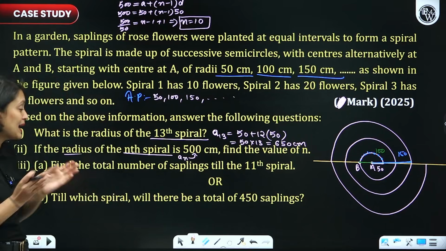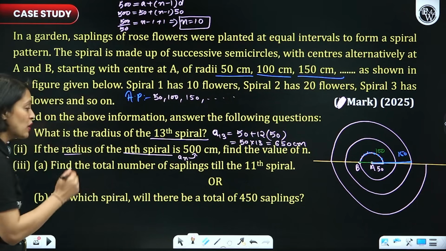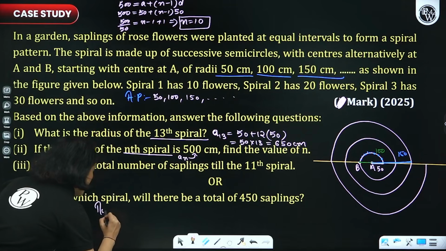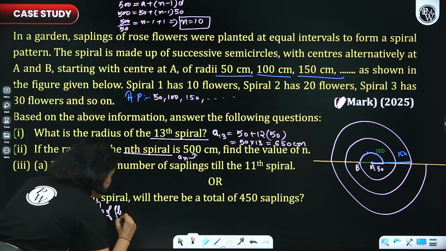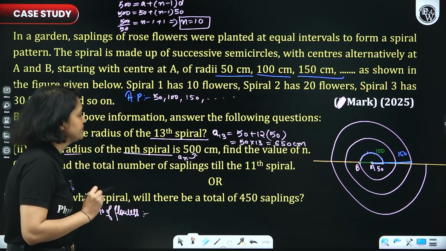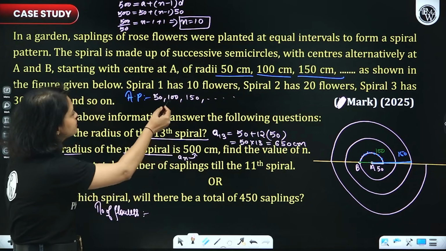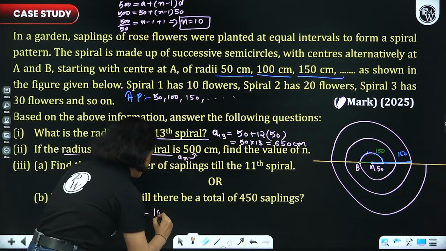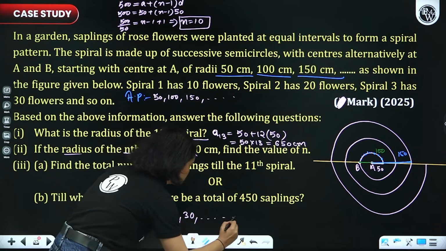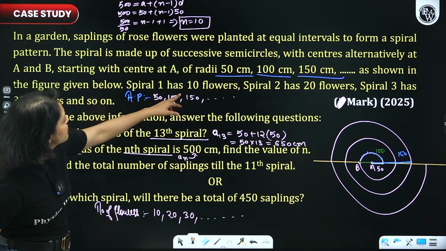Chalo, let's talk about the number of flowers. For the first one, the number of flowers was 10, second one 20, third one 30. Spiral 1 has 10 flowers.